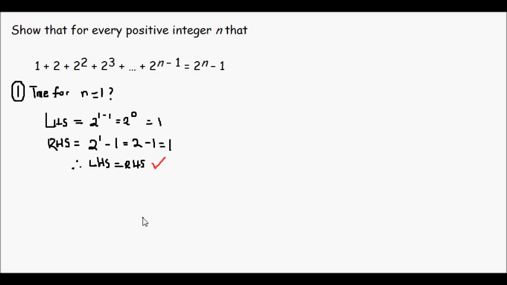And if this statement holds true for n is equal to 1, I'm going to assume that it is true when n is equal to any integer. So I'm going to assume it's true for when n is equal to k.